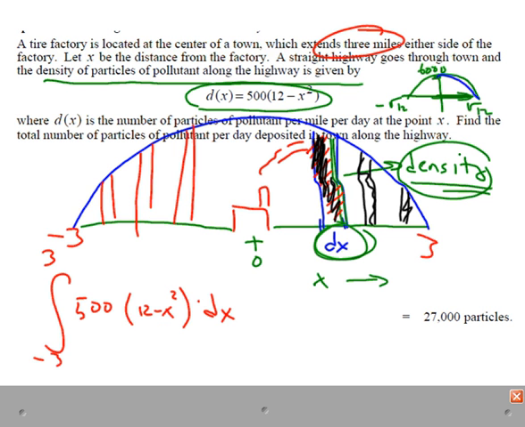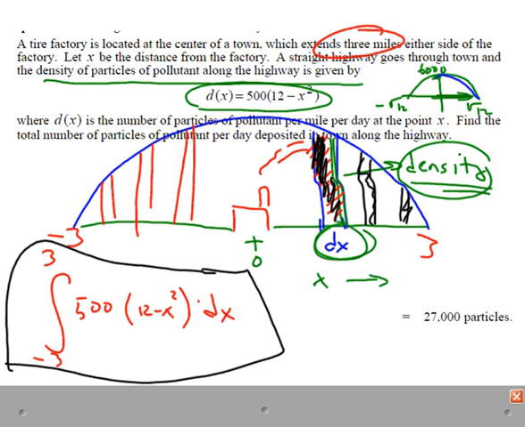Each of those shaded regions tells me the amount of pollutants in that one little area. So here is my expression for the total number of pollutants. And if we integrate that, we get 27,000 particles. For this topic, I'm not going to actually do the integration, because that's stuff that you know how to do at this point.